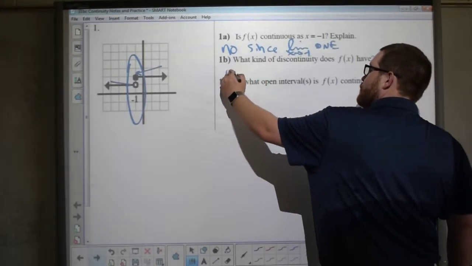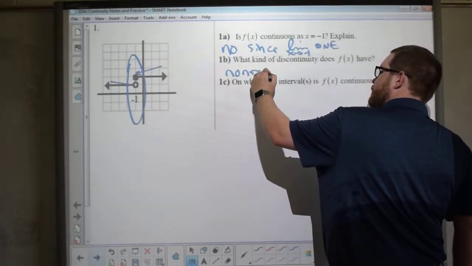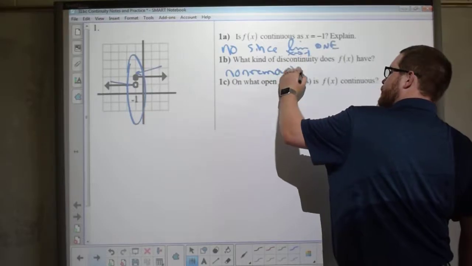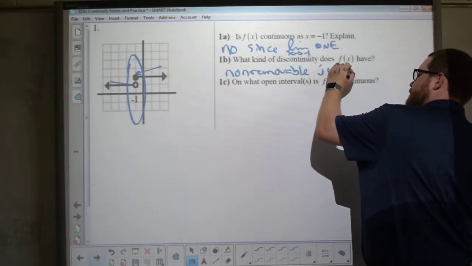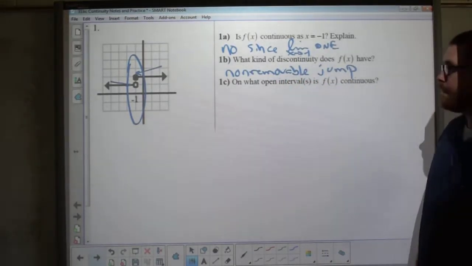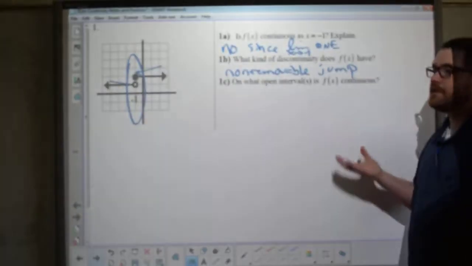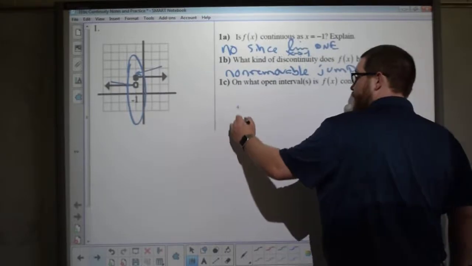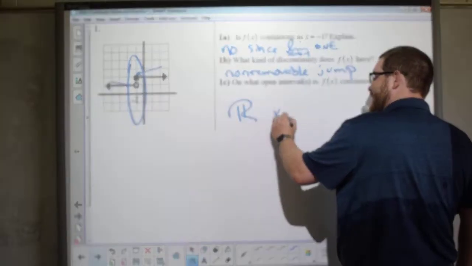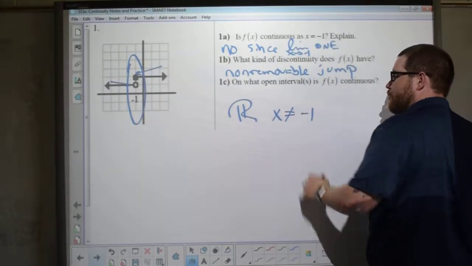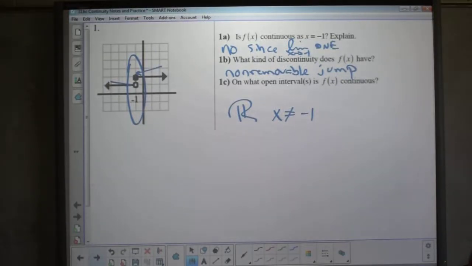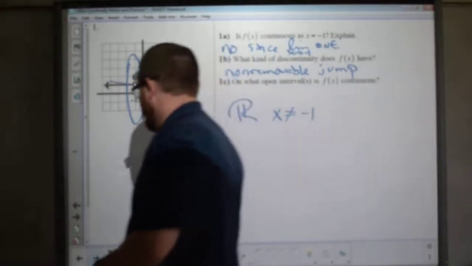It is a non-removable jump. And then where is it continuous? People have trouble with this question. It's continuous everywhere, except at -1. So it's continuous every place else in the graph, except for that one jump discontinuity.